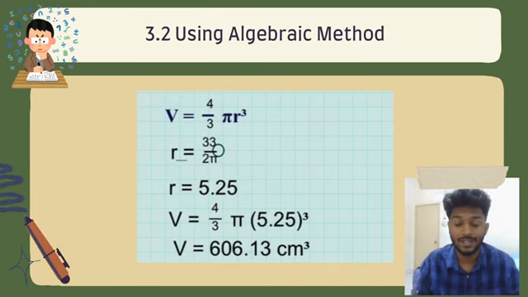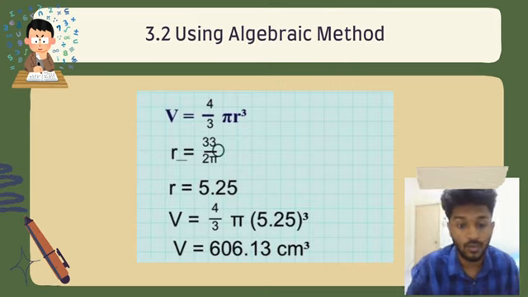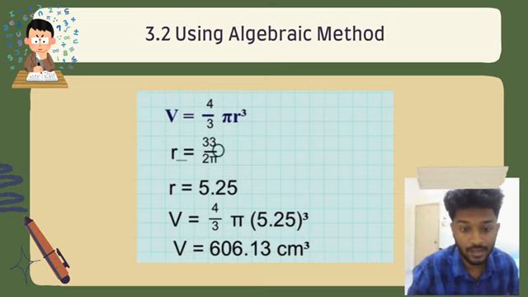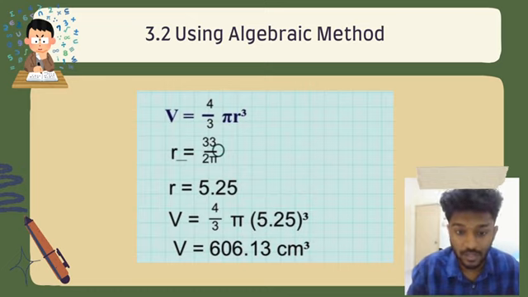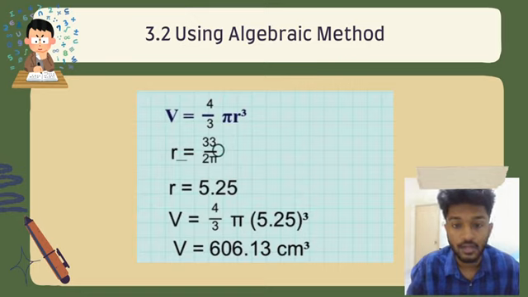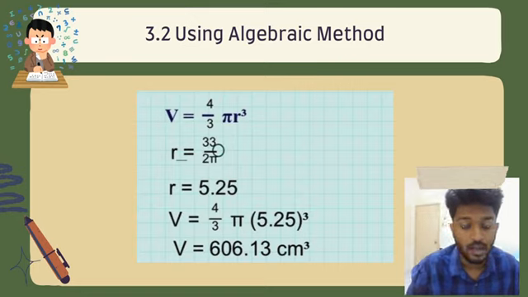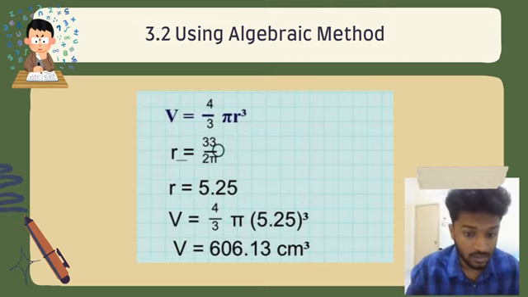Now, moving on to the next slide, we would like to discuss the formula which can be applied using an algebraic method. We start with the general formula for the volume of a sphere, which is volume equals 4/3 pi r cubed. In this slide, we can see the radius r is already given as 5.25 centimeters.